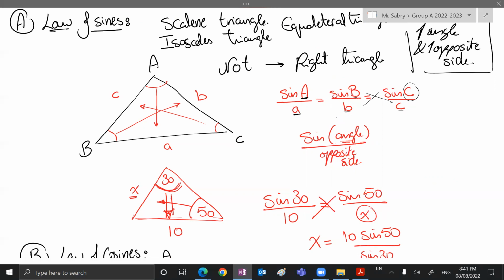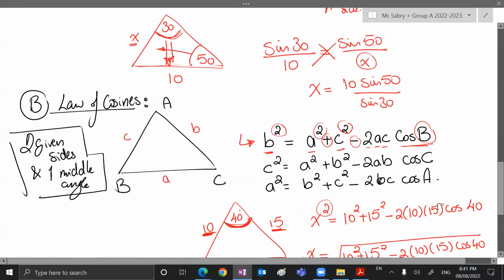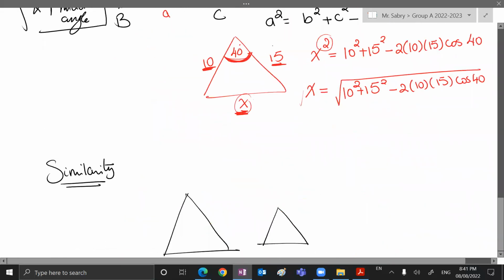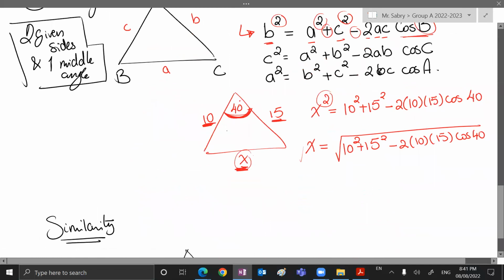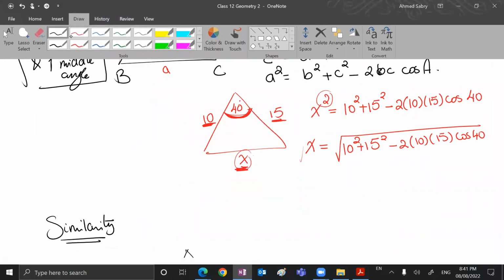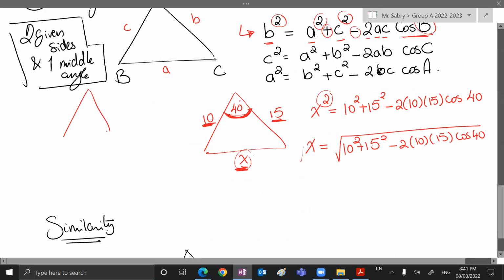Okay, yes, sure. So in the law of cosines, Yahya is asking another question. What if we need to find the angle itself? What if we have the 3 sides like this? Then, let's say you need to find this angle here.